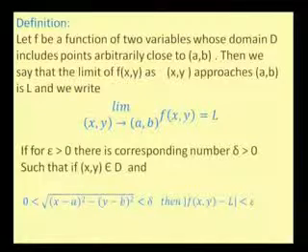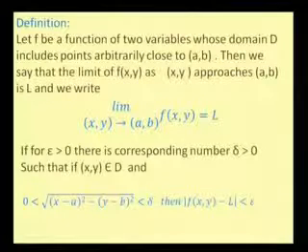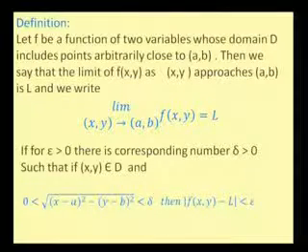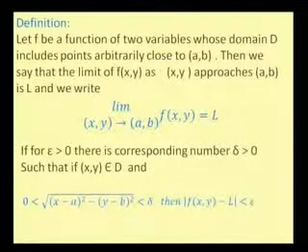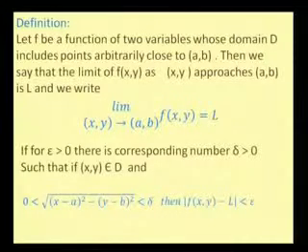Then we say that the limit of f of (x, y) as (x, y) approaches (a, b) is L, and we write limit of f of (x, y) as (x, y) tends to (a, b) is equal to L, if for every epsilon greater than 0 there is a corresponding number delta greater than 0 such that if (x, y) belongs to D and 0 less than square root of (x minus a) whole square plus (y minus b) whole square less than delta, then modulus of f of (x, y) minus L is less than epsilon.